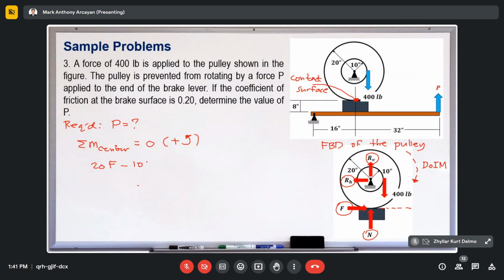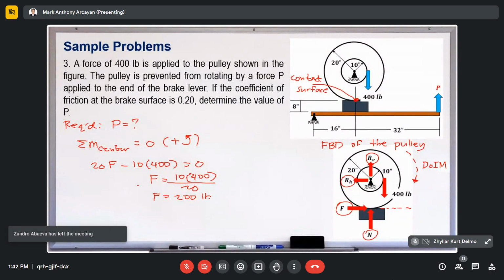That's 10 times 400, equal to 0. So F is equal to 10 times 400 over 20, which gives us half of 400. That's 200 pounds. Okay, so this is the value of our frictional force.